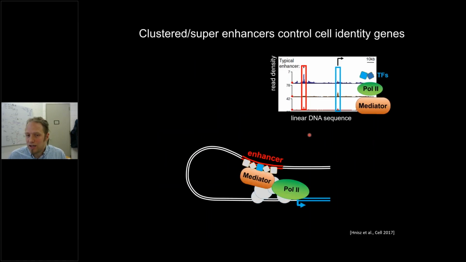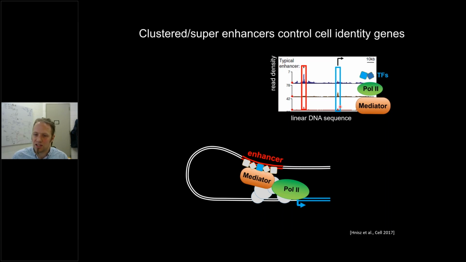How do you identify enhancers? That's often done with ChIP-seq data, where you pull down a certain protein mark using antibodies, then sequence the DNA that comes down with them and generate this read density map that indicates where you find typical enhancer marks, like these transcription factors, Pol II, mediator, or certain histone marks.